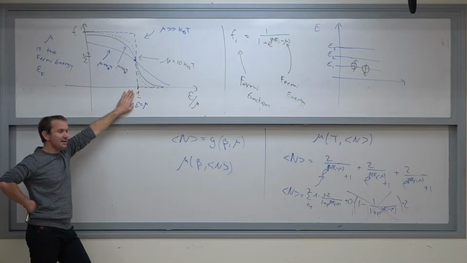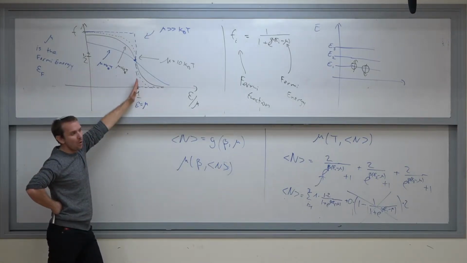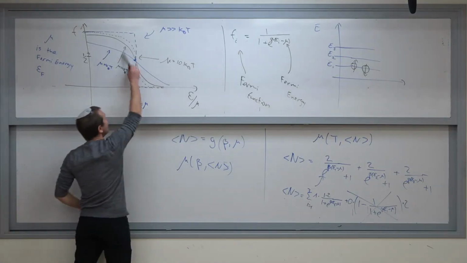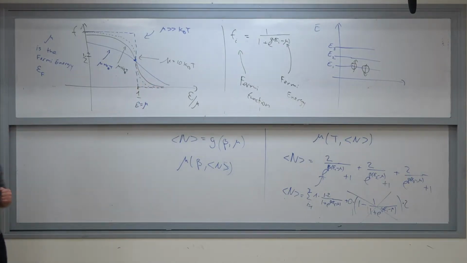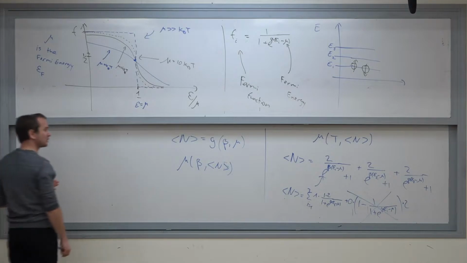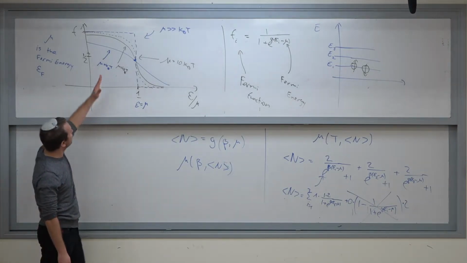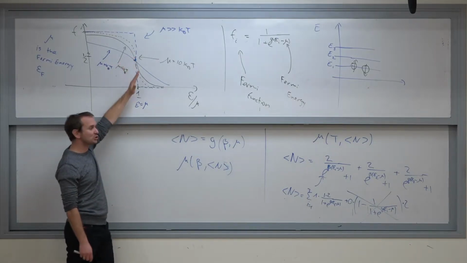If I know the E Fermi of the system, I know up to which point all the different energies are going to be filled up. Moreover, I can approximate which energies are actually participating in the conduction process. Because in the conduction process only states that are partially filled and partially unoccupied are going to participate.